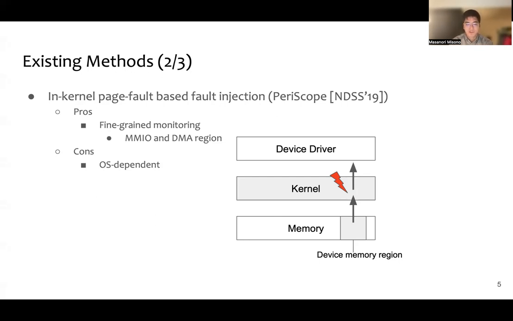Then the fault injector performs fault injection and sees if device drivers handle anomalous device inputs correctly. This approach achieves fine-grained monitoring and supports testing both MMIO and DMA regions by cooperating with the kernel APIs. However, this approach is OS dependent as it relies on kernel APIs.